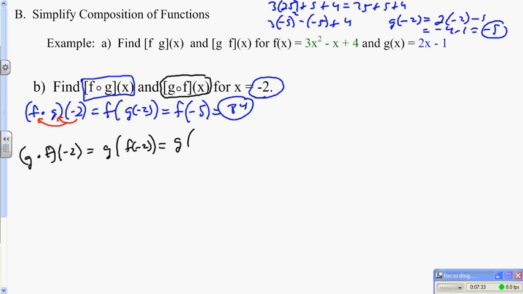In other words, g of, well, f of negative 2. Okay, so 3 times 4 plus 2 plus 4, 12 plus 2 plus 4, 18.